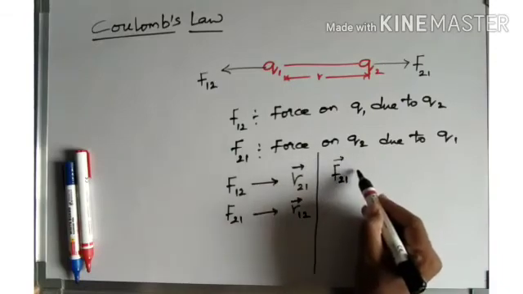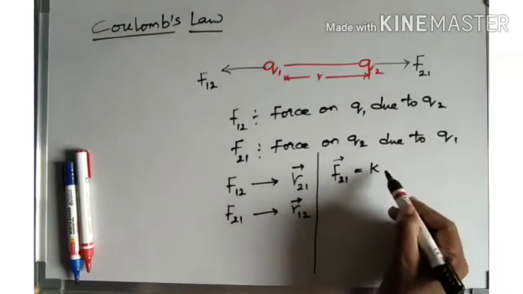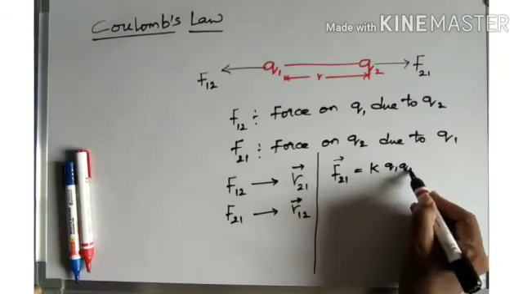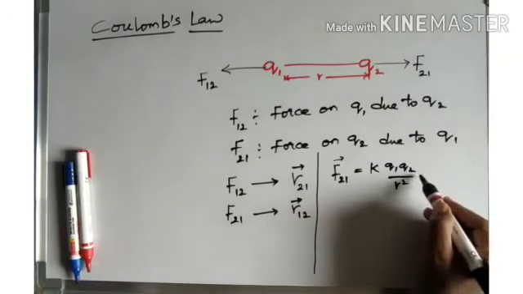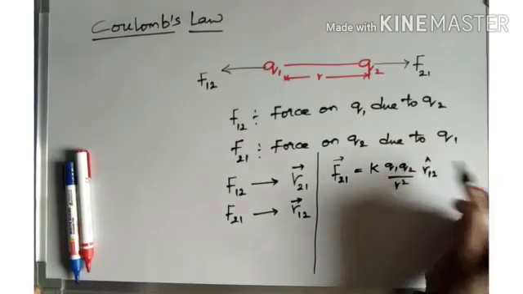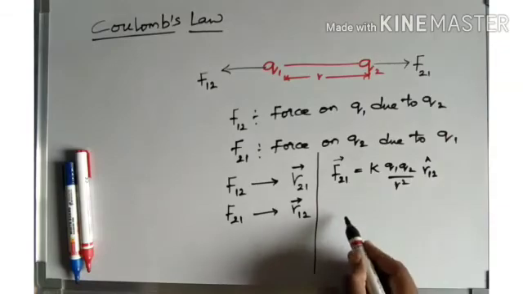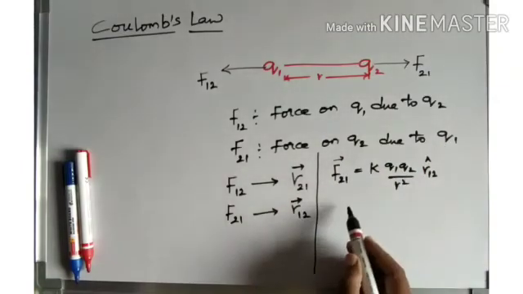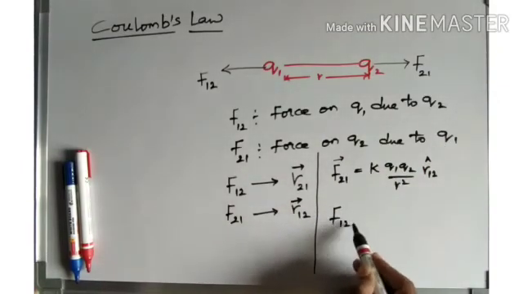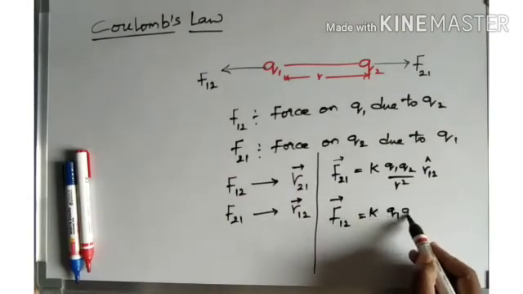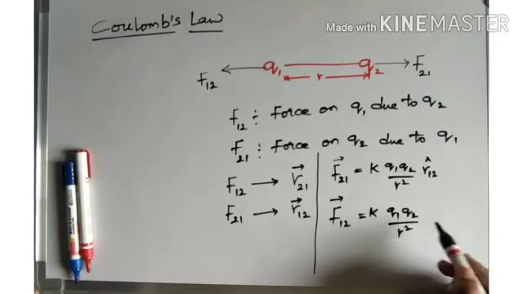The expression will be K, the constant we discussed previously, into Q1 Q2 by R square, into the unit vector which tells the direction, R12. Next, the force exerted on Q1 due to Q2: F12 is K into Q1 Q2 by R square, the same expression.